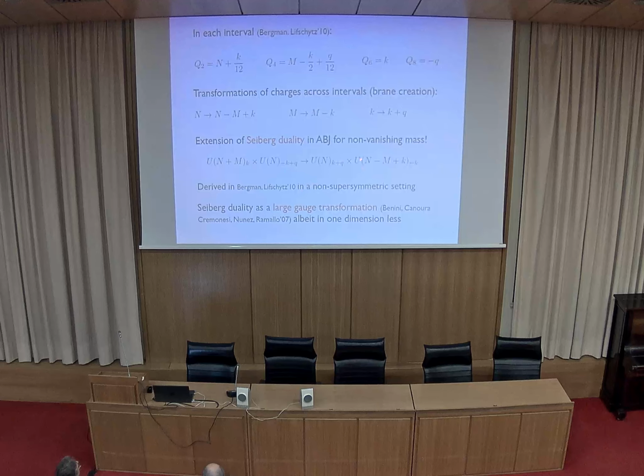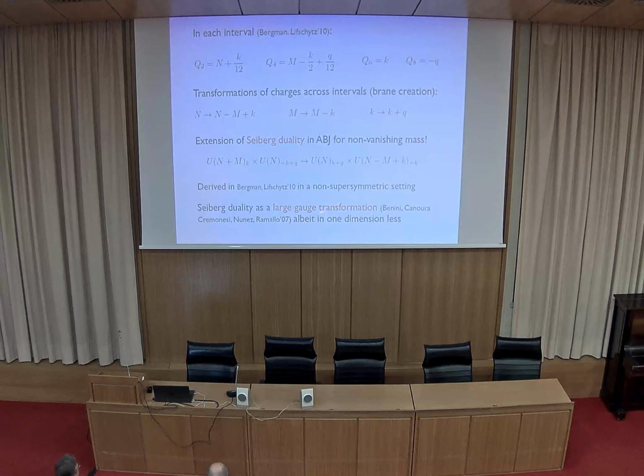So what we are finding is a realization of Seiberg duality as a large gauge transformation. You know that in other theories, for N=2 supersymmetry, you can realize Seiberg duality as a large gauge transformation, and by that I mean realizing it in terms of Hanany-Witten moves in Hanany-Witten brane setups.